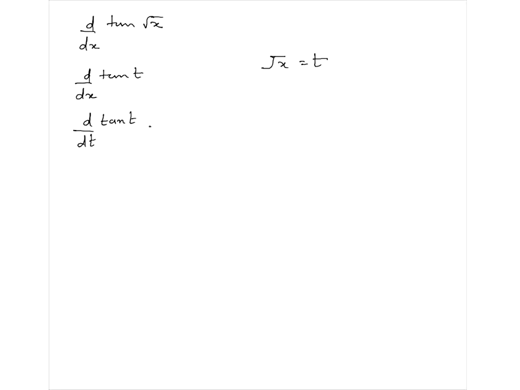But for that you need the chain rule. 10t can be differentiated with respect to t, but t cannot be differentiated just like that with respect to x. So in place of t, putting root x, d/dx of root x, x to the power n formula. And finally removing t.